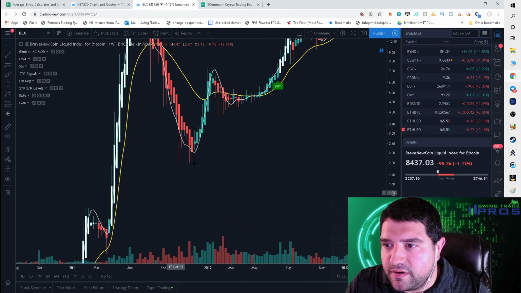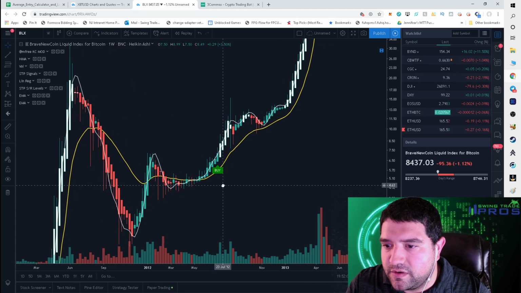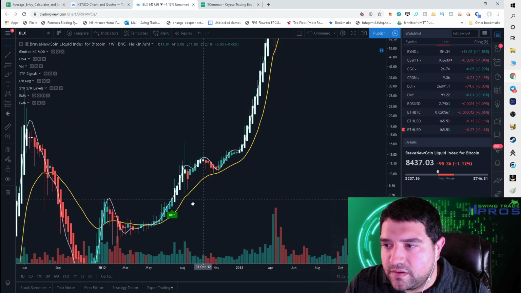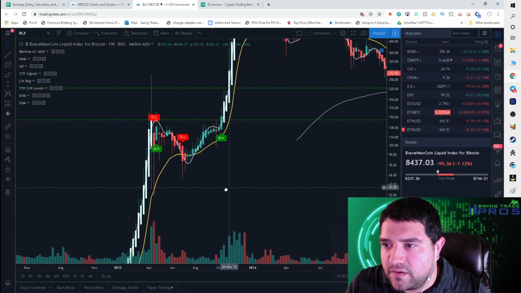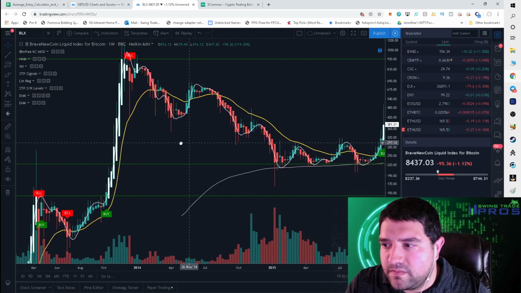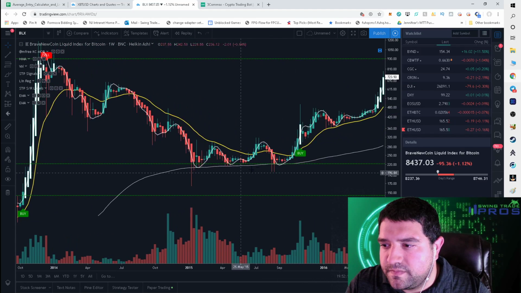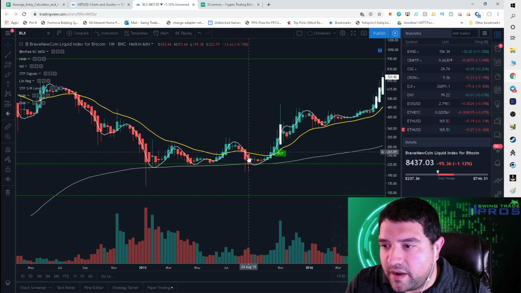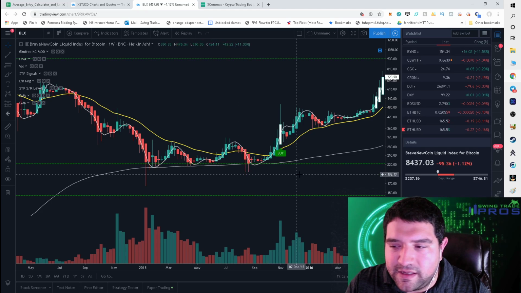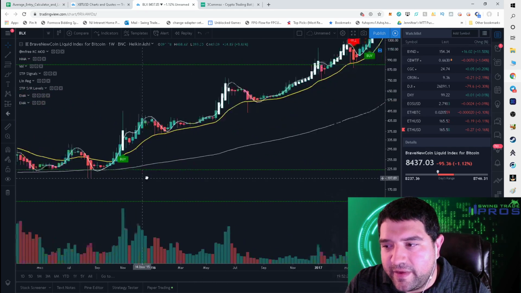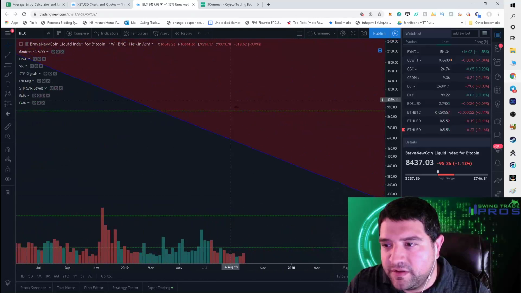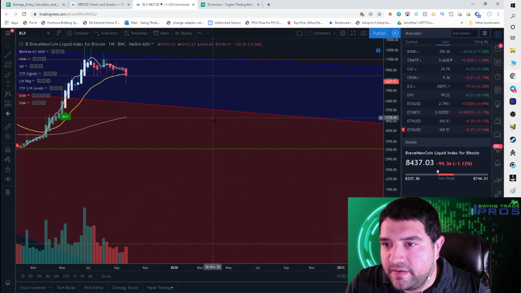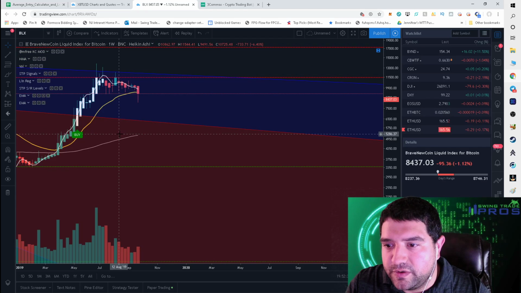Where did it happen? I feel like I've seen it once before. It actually happened here, right? It came across below, but it got held up by the 200 MA. So that's the thing: if Bitcoin goes below the 20 or the 200 EMA, then we're kind of screwed.